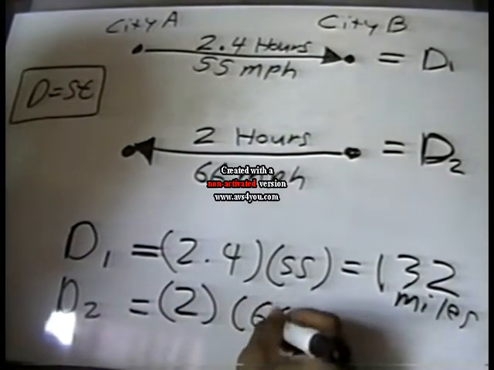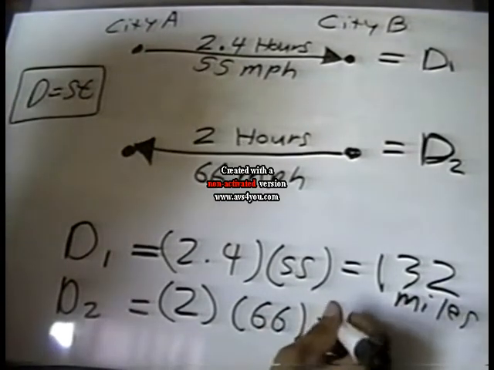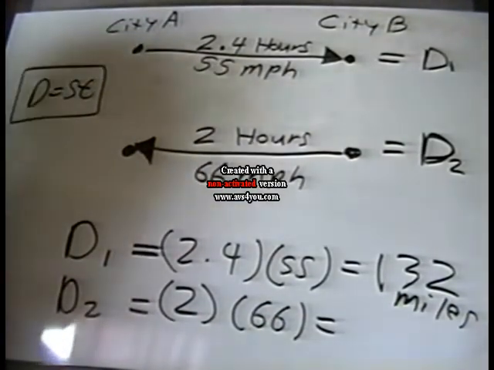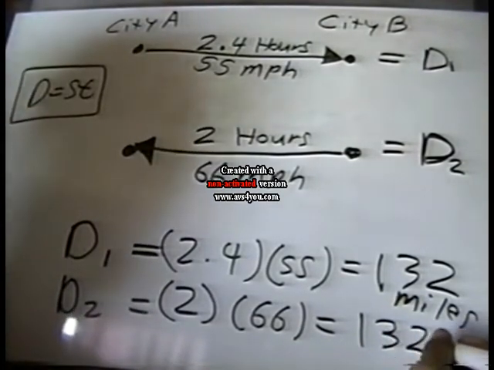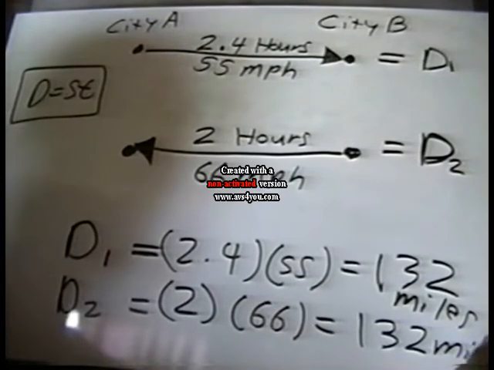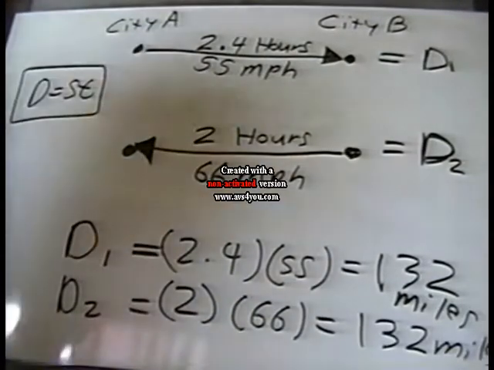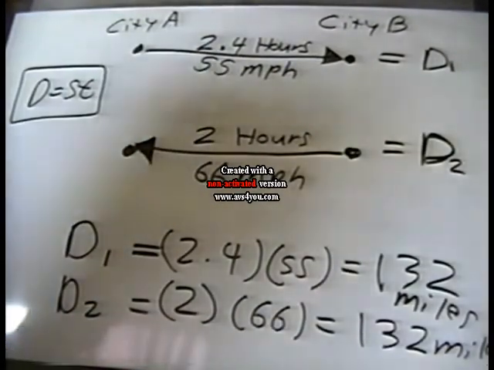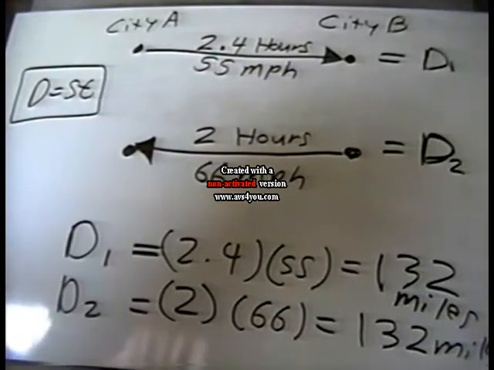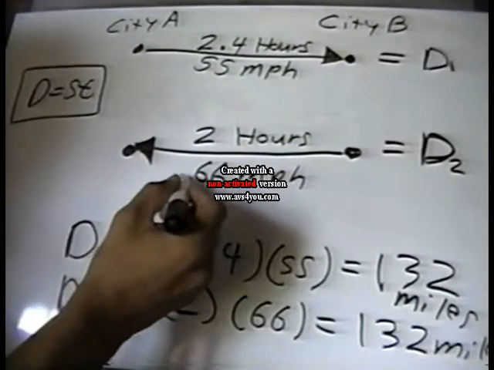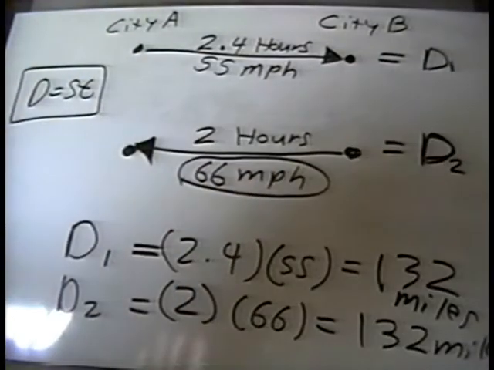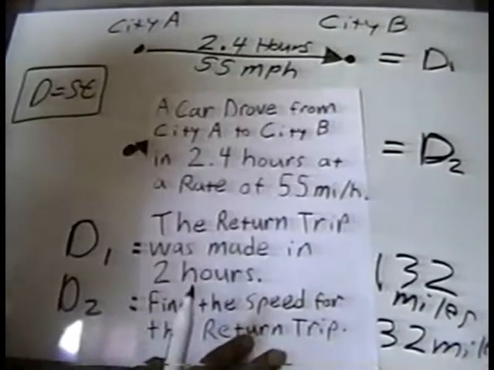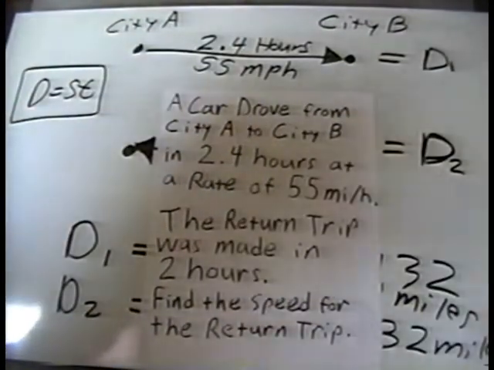Now that's the distance. Now we already said that d sub 1 is equal to d sub 2 because that's the same distance. So if 66 miles is correct, then when I check it, I should be able to do 2 times 66, and that should equal 132, which we know it does. 132 divided by 2 is 66.